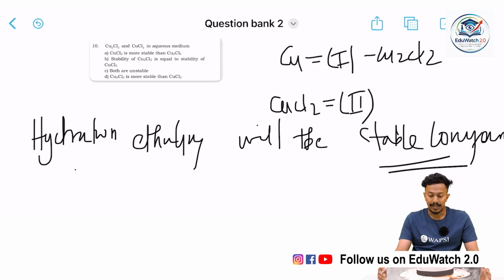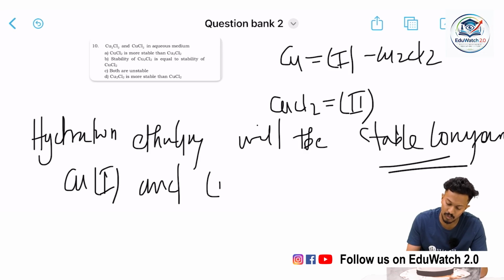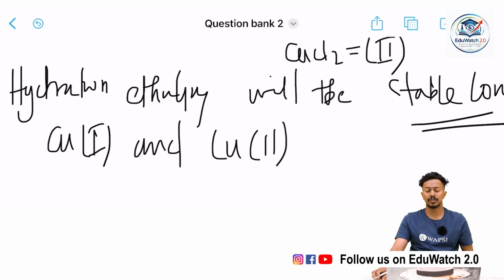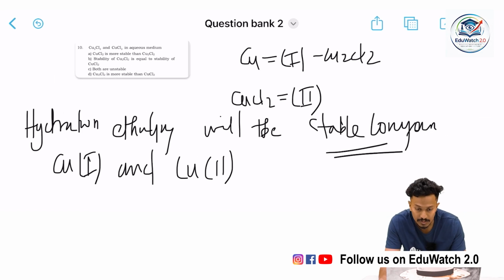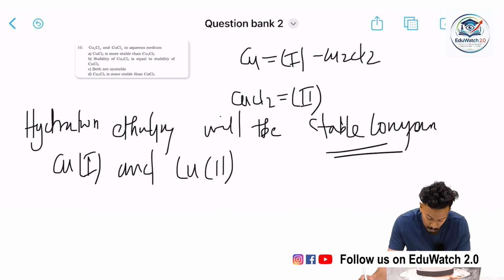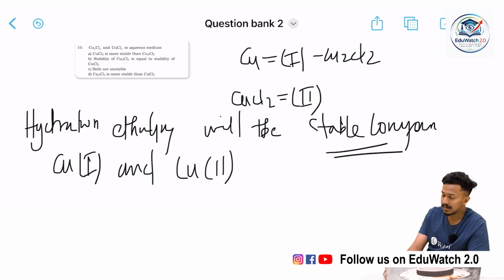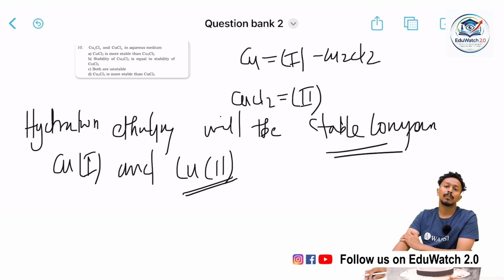So here, which is smaller in size, Cu2+ or Cu+? Cu+ is much larger than Cu2+. CuCl2 has a +2 oxidation state, and +2 copper is smaller than +1 copper.